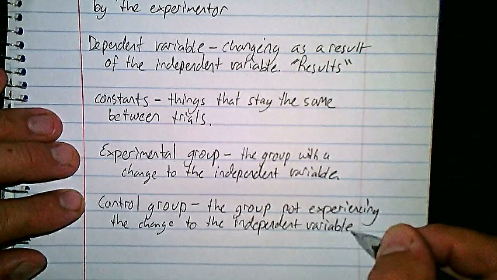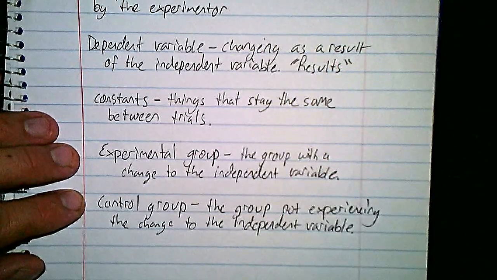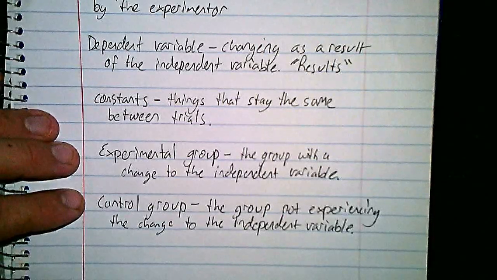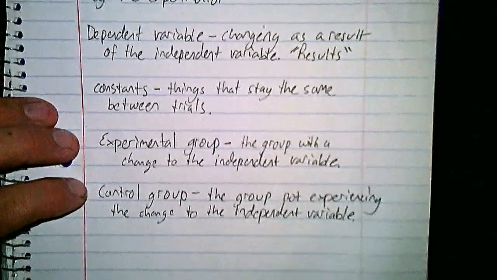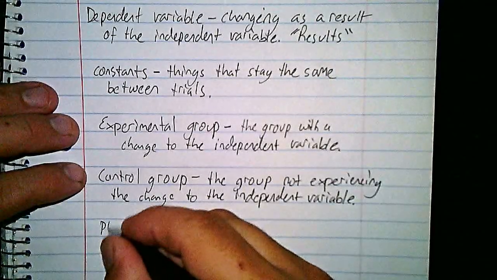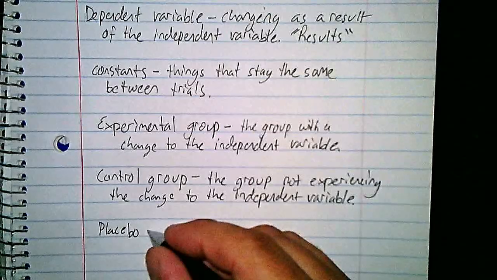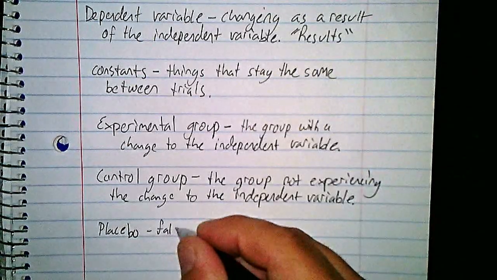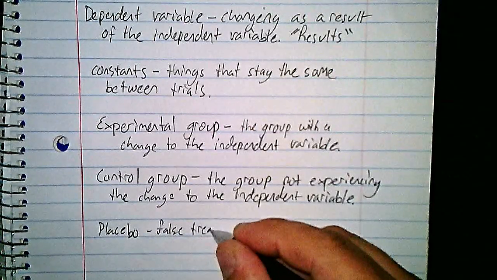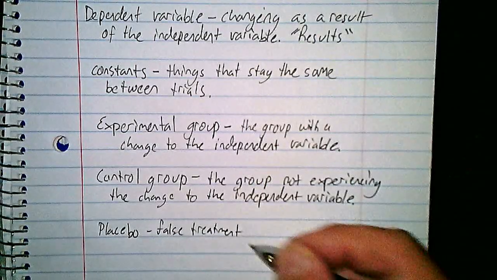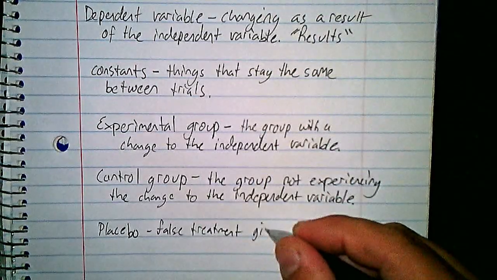So what would that look like in our medicine example? I'd probably give these people a placebo, okay? And a placebo is going to be like a false treatment given to the control group.